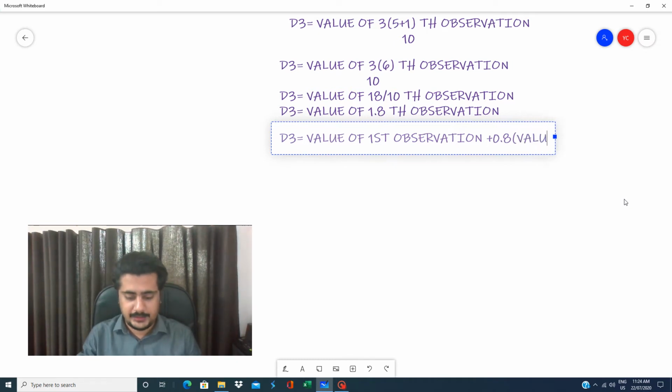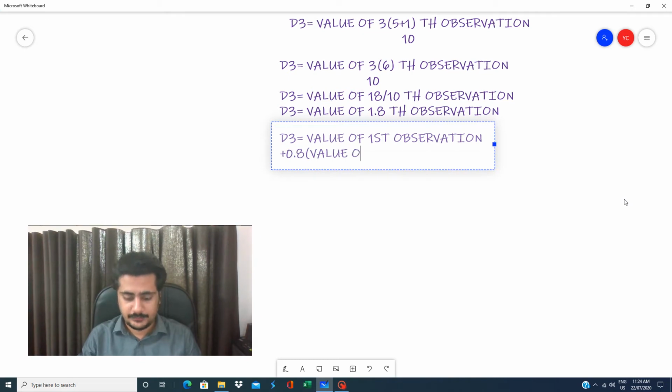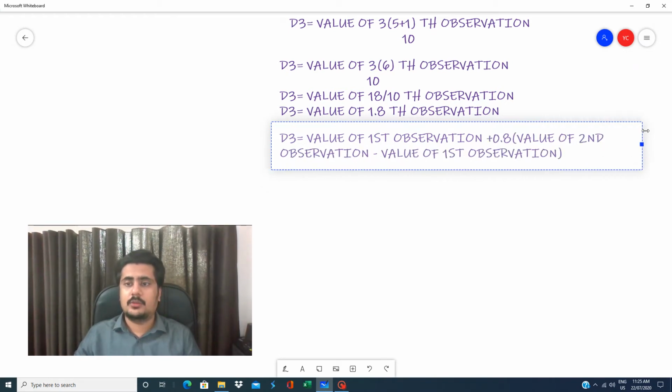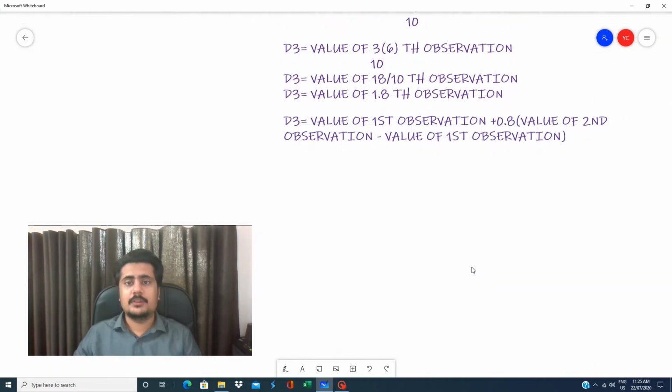So you will write value of second observation minus value of first observation. Again I am repeating what we have done. D3 is equal to value of 1.8th observation. 1.8 means value of first observation plus 0.8 into (value of second minus value of first).